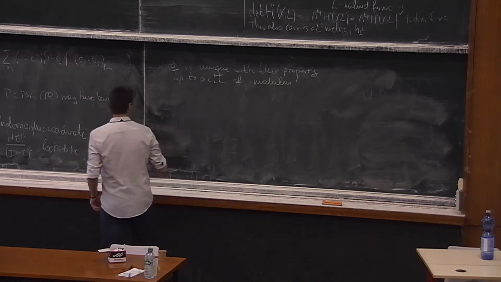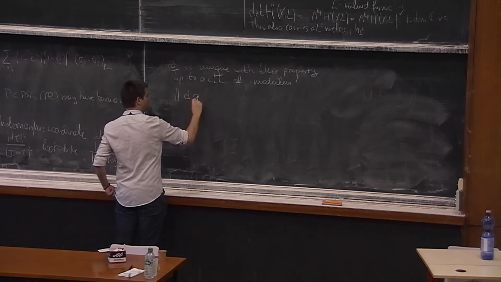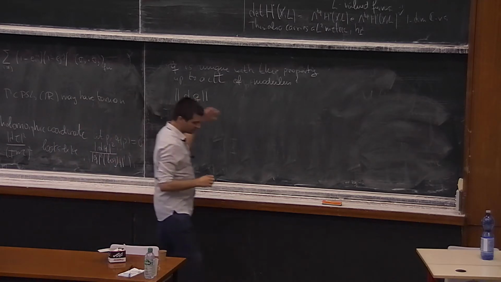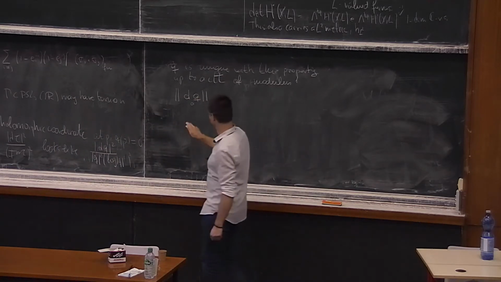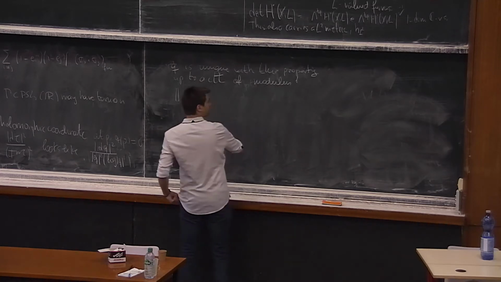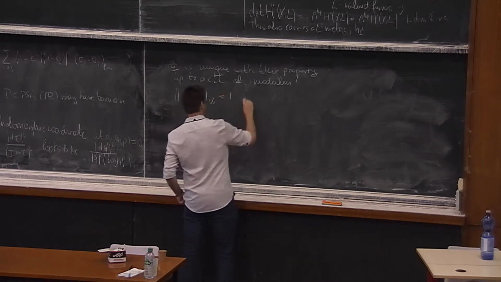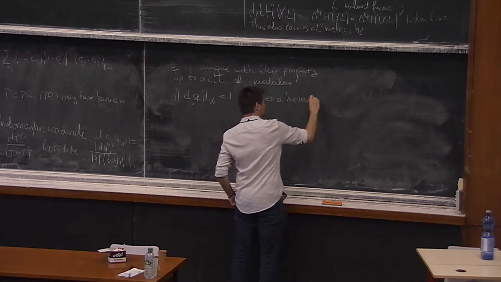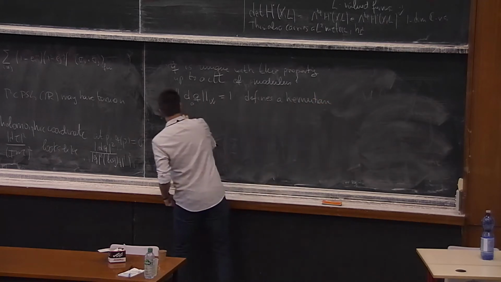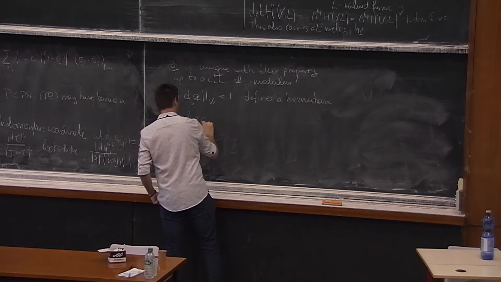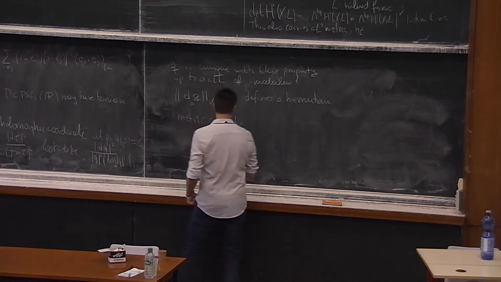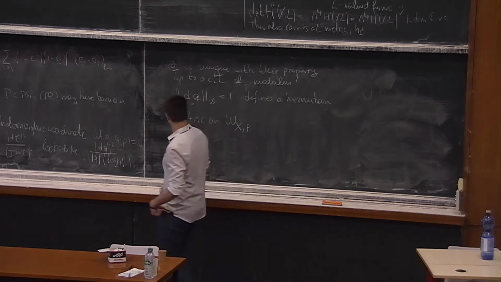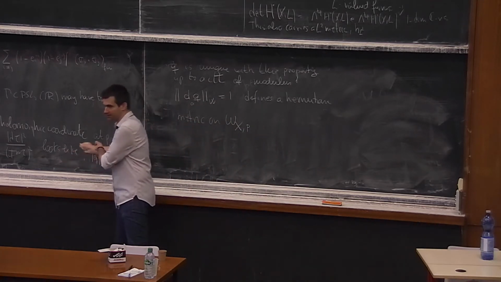So this means that if I declare that the norm of dq at q equals 0 is equal to 1, even if q is not unique, this defines a Hermitian metric on the cotangent space of X at the origin, that, of course, I identified with the cotangent space of a disk at the origin, right?